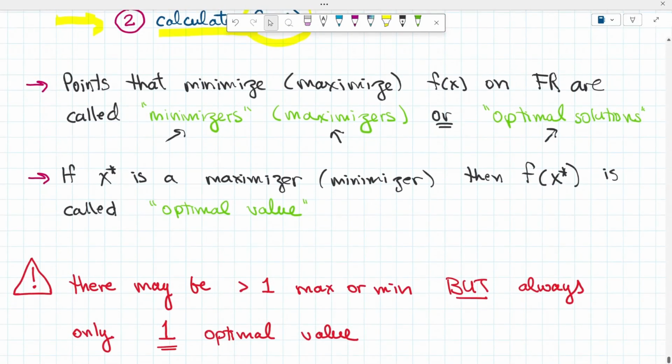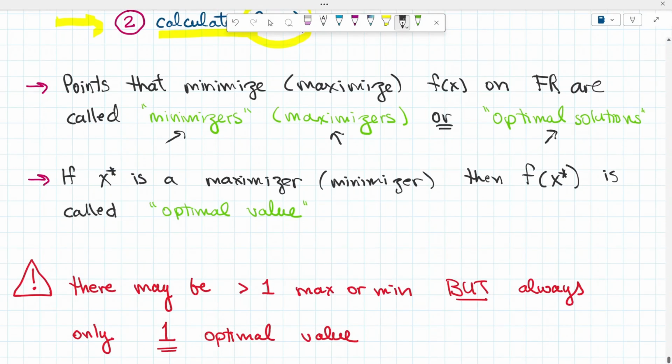So this is something we have to be aware of over here. There may be more than one minimizer or maximizer, okay? So you might find more than one optimal solution. However, there's only one optimal value.